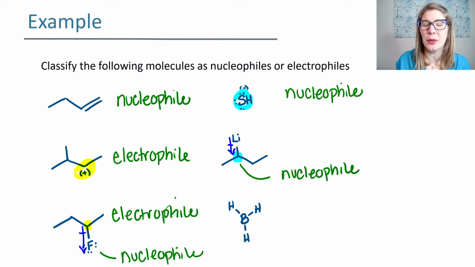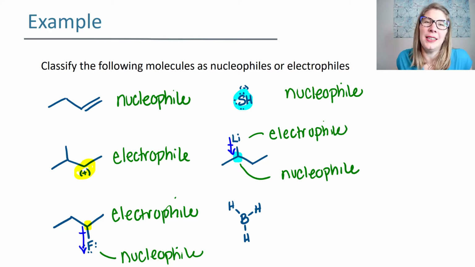If you wanted to get really particular, I guess you could call the lithium an electrophile because it does have a partial positive. But honestly, when we're in organic chemistry, a lot of times we don't care about metals. So they just go into the water system of your reactions and then we get rid of them. But if you wanted to be really particular, you could call that an electrophilic site.